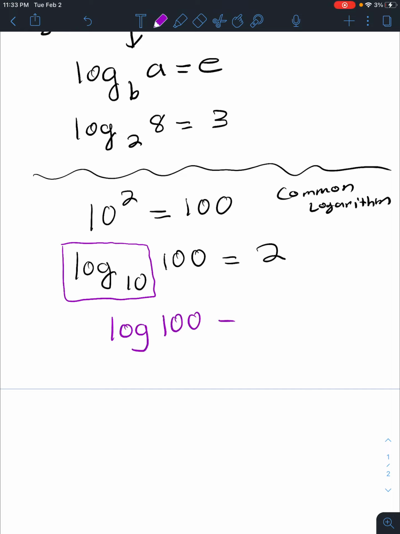And then you have log 100 equals 2. With this notation, we are assuming that a 10 is there as the base. So anytime we have logarithms and you don't see the base, we know that it's a 10, and we call this the common logarithm. So this is just kind of like a shortcut, something nice, less writing.